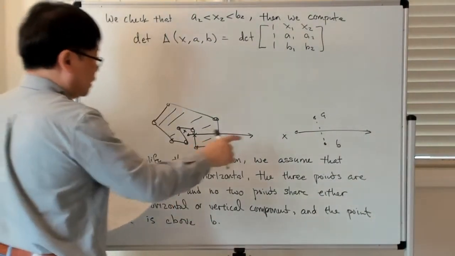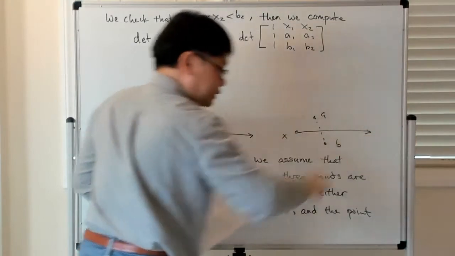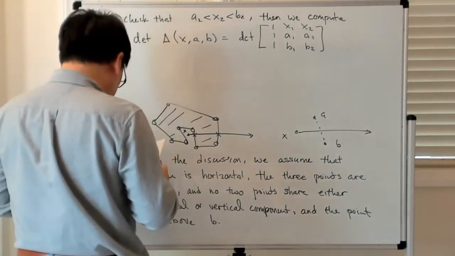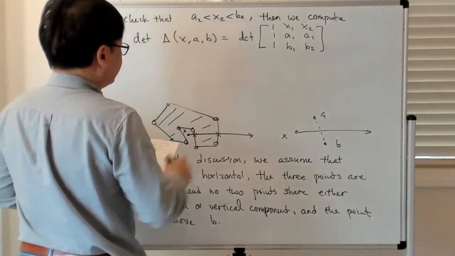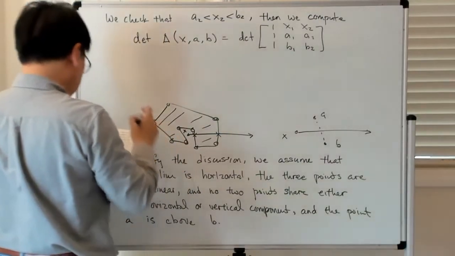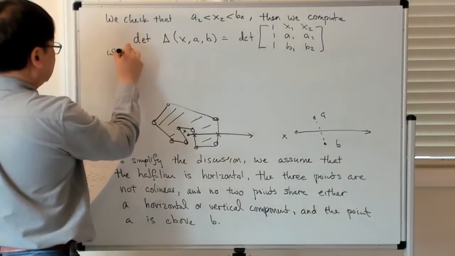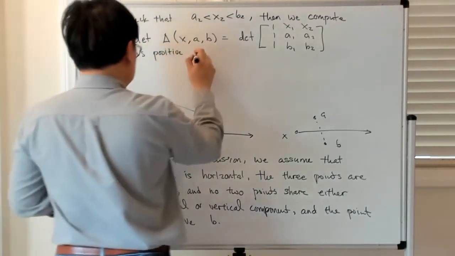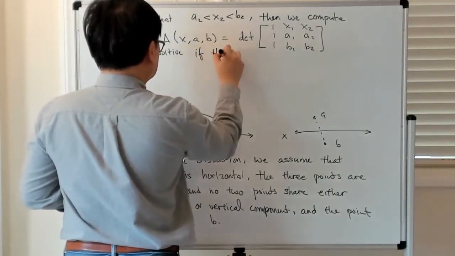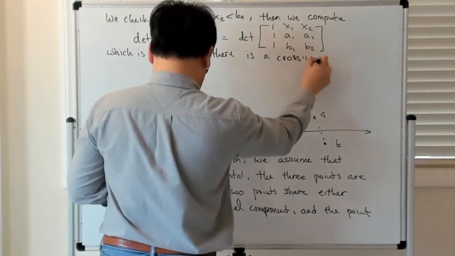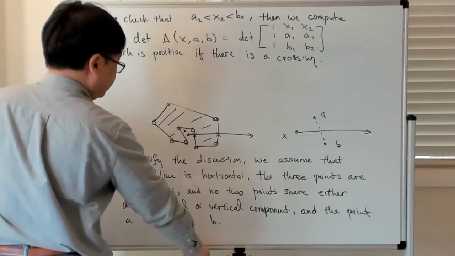It turns out that if you're choosing this positive ray, you have a crossing if this determinant is positive, otherwise you don't. So that leads to the following algorithm.